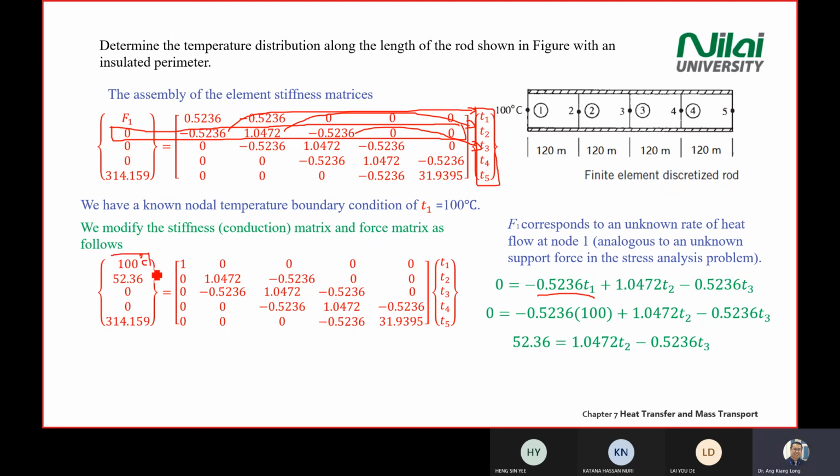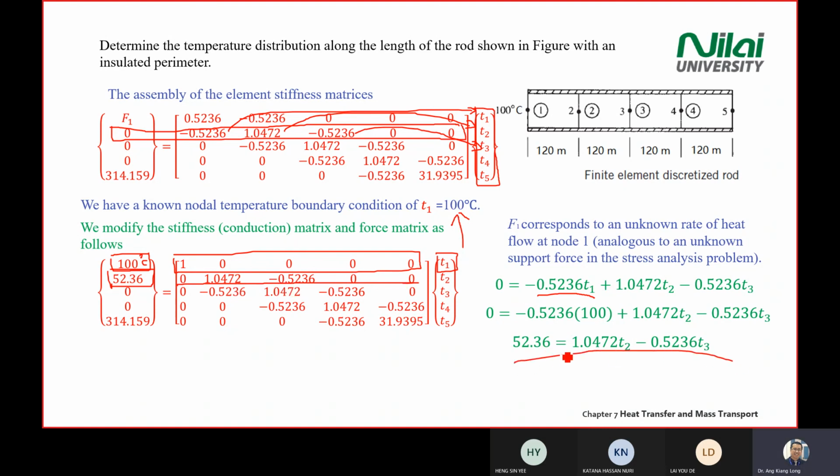So if you get this one times this one and this one, you get this boundary condition. And this one, I already showed you how to get 52.36 and you modify accordingly. How you get 1.04 and negative 0.5 here through this equation.